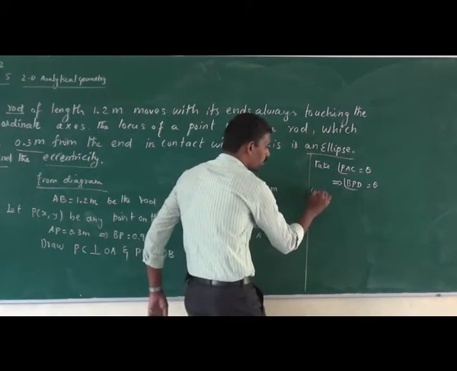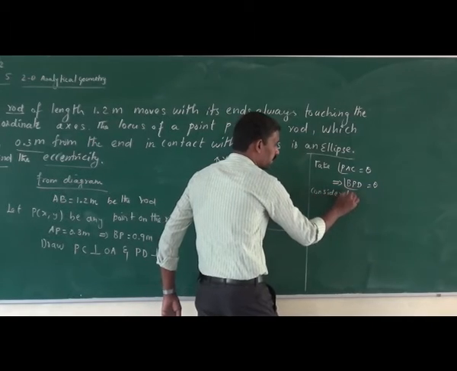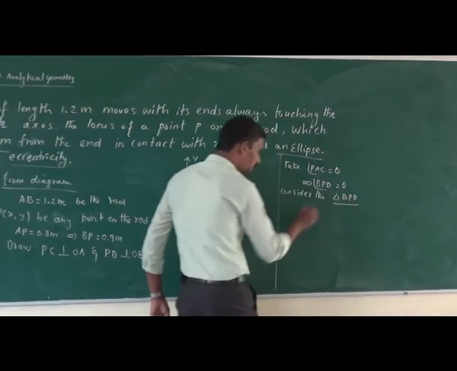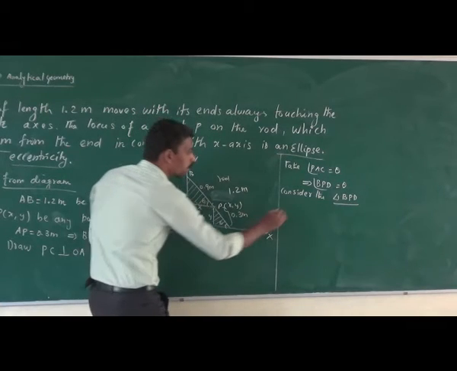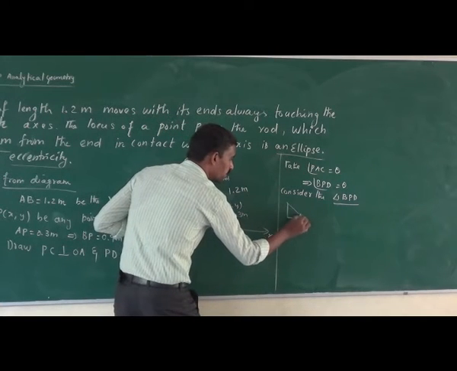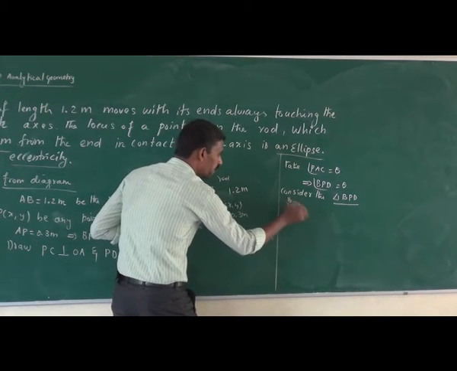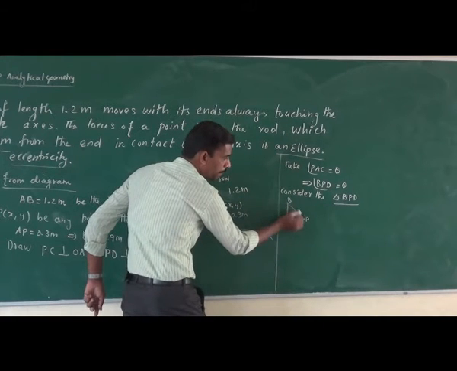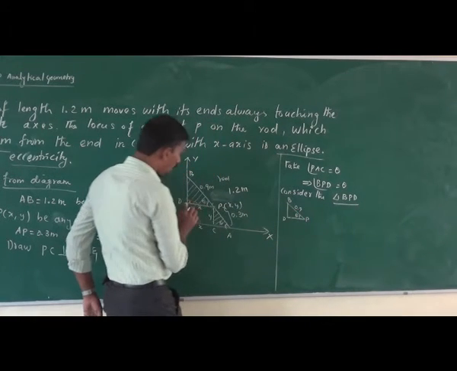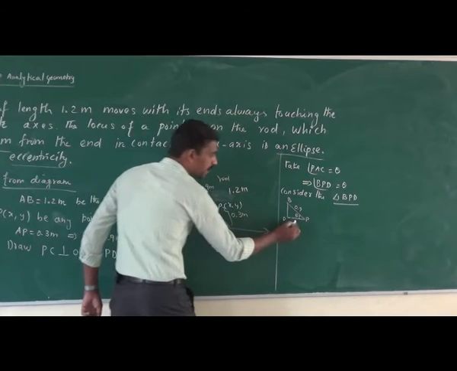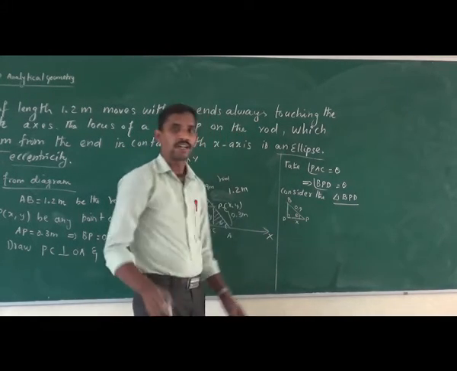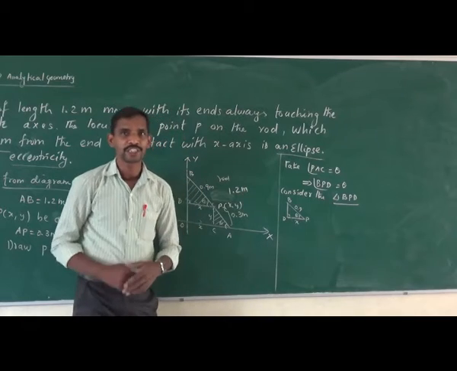So consider the triangle BPD. I draw BPD here. So this is theta, this is B, this is P, and this one is D. Here BP is 0.9 and DP is x. This is a right angle triangle. Now I am going to use trigonometric ratios.